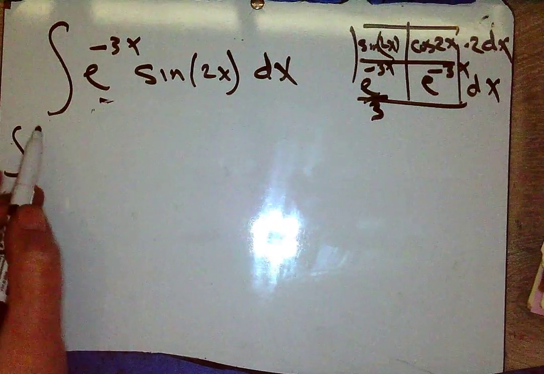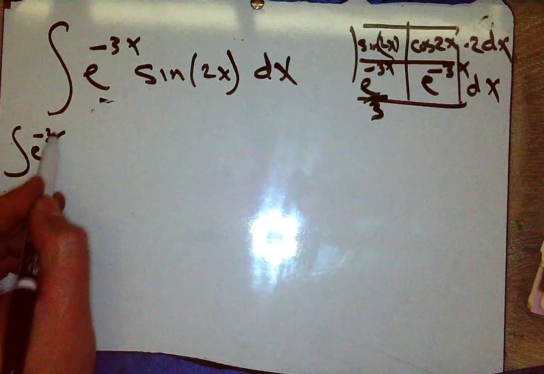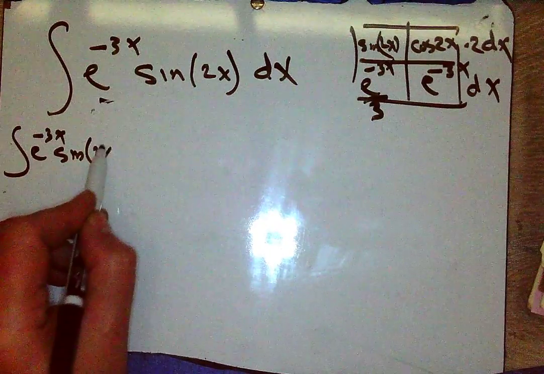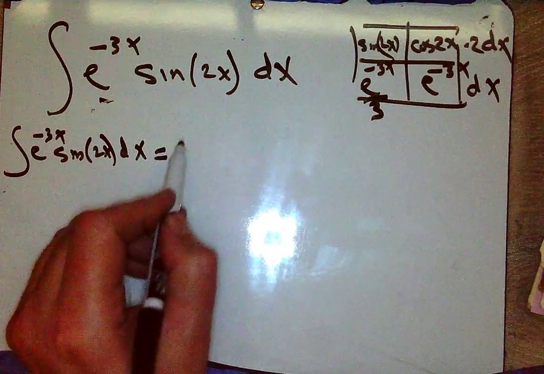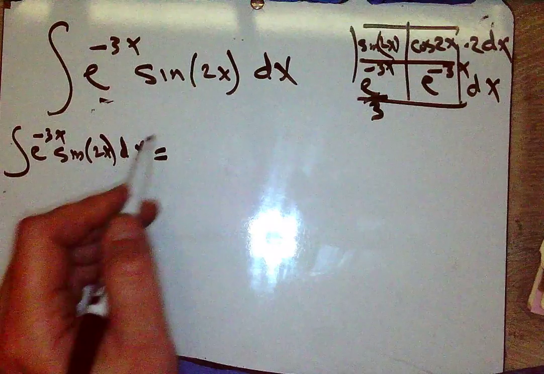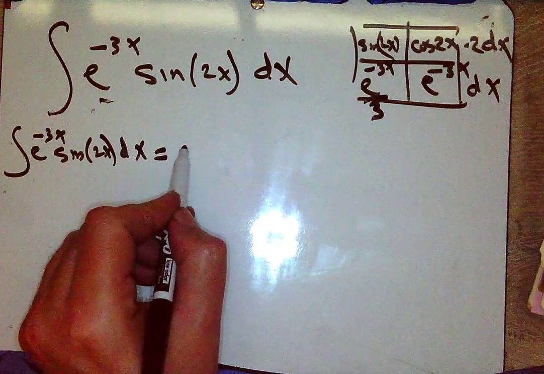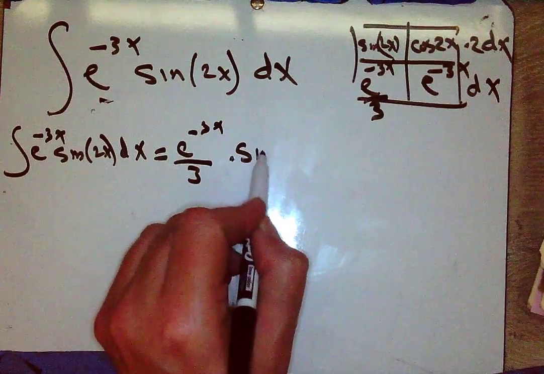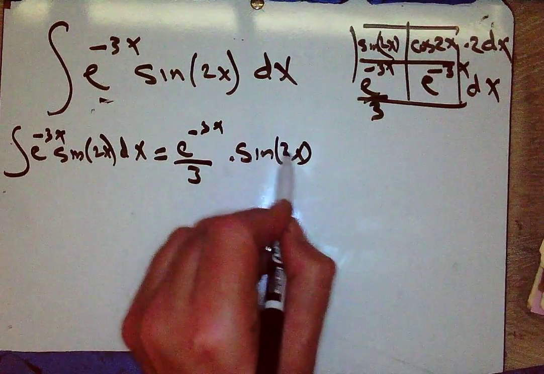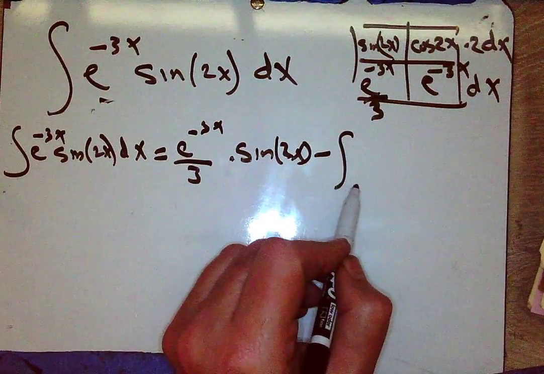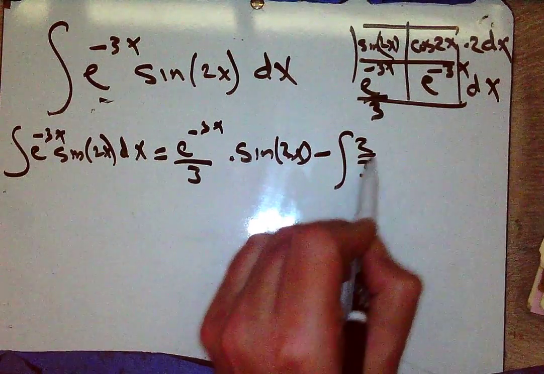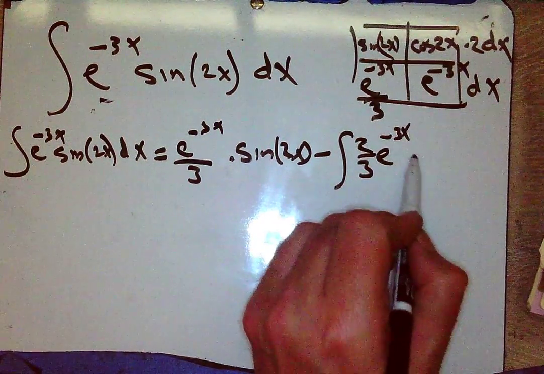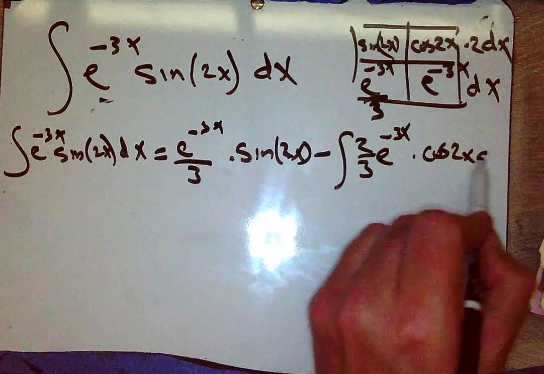So, the integral of e to the minus 3x sine 2x equals this times this. So we have e to the negative 3x sine 2x minus the integral 2 thirds e to the minus 3x cosine 2x dx.